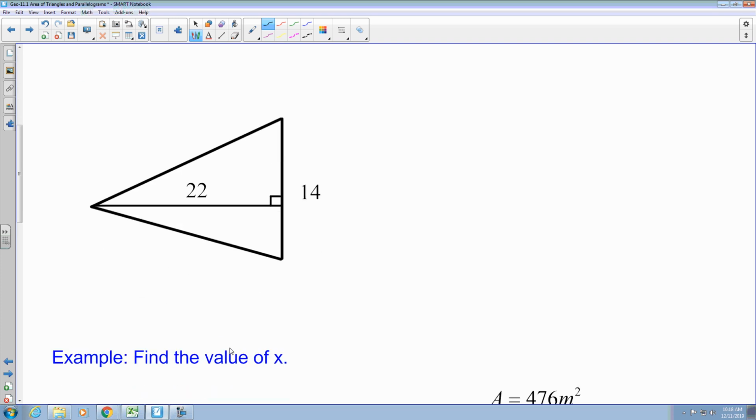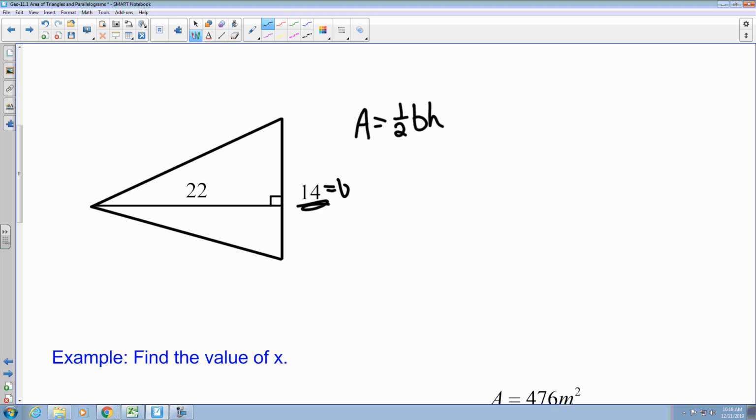All right, below here we have a triangle. Now this is an example of an acute triangle. So you have to be careful with how it was orientated and then figure out the base and the height from there. So area is 1/2 base times the height.